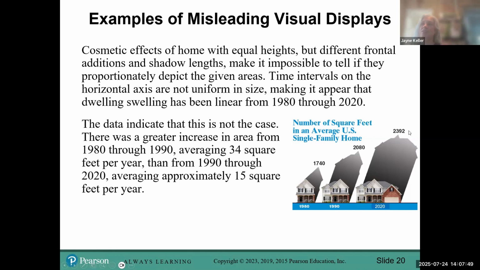They really wanted to emphasize that the size of a US single family home has really grown, which it has, but this makes it look like it's grown by 4 times in 3 time periods, where it's really grown by about 700 square feet in 40 years. So a little bit different than what they're trying to make it look like. Other questions?